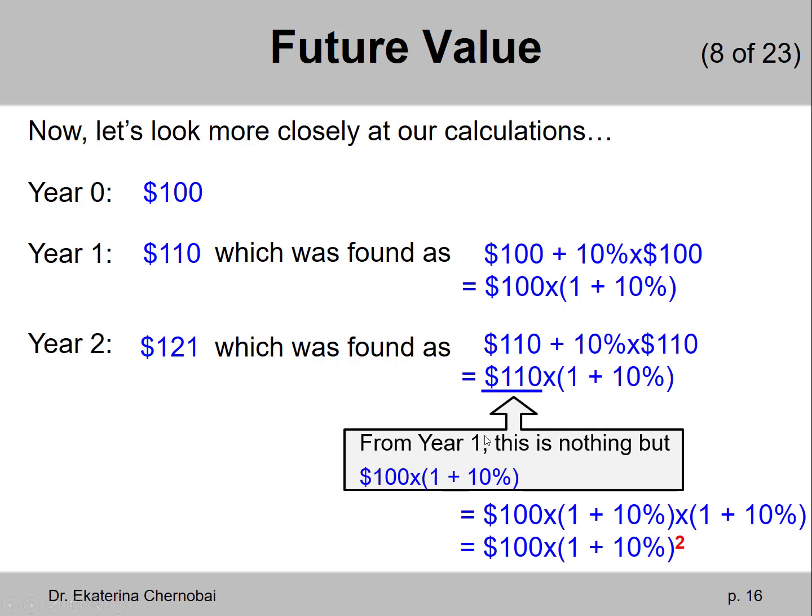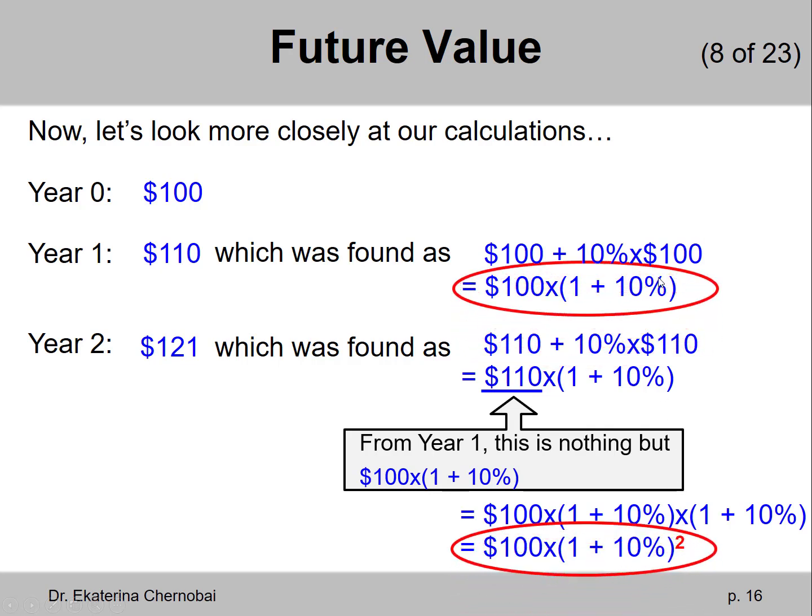And so basically we are expanding year 2 calculations a little bit by writing the very original $100 from year 0 multiplied by 1 plus 10% interest rate times 1 plus 10% interest rate one more time. And that can be shortened if we use power 2 for the parenthesis term, 1 plus 10%.